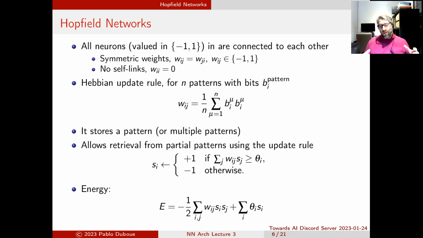We have a pattern that is maybe a truncated version of one of the stored patterns, or has some noise. We set the neurons initially to that pattern when the network has already been trained, and then we let the network execute until it reaches a stable state. And that stable state should be one of these patterns that has been stored.